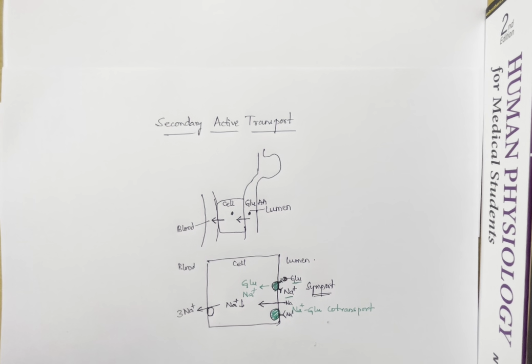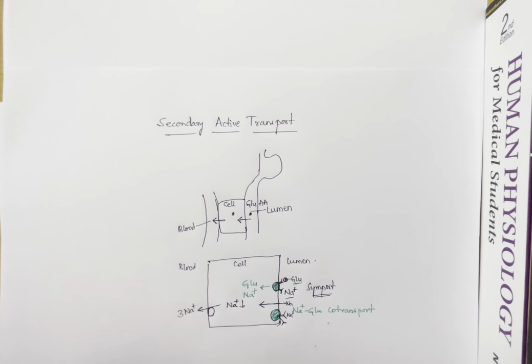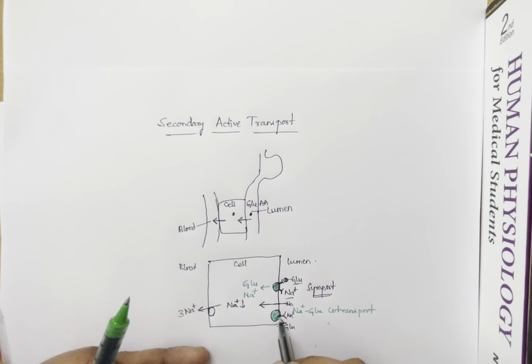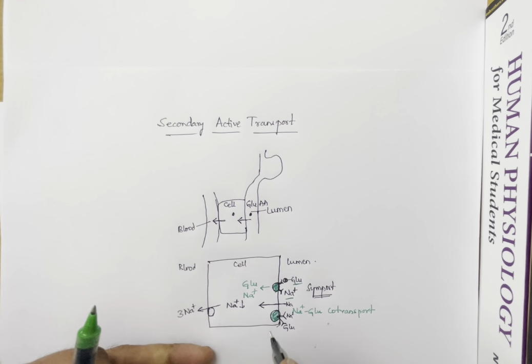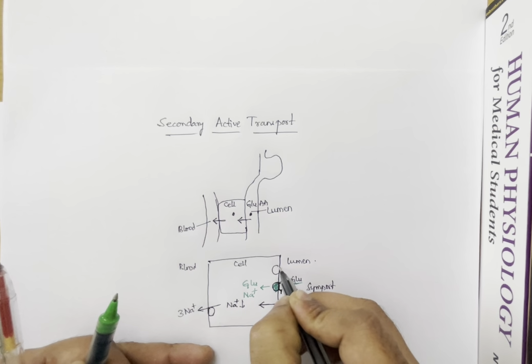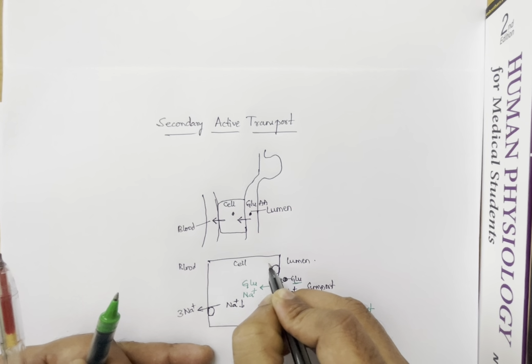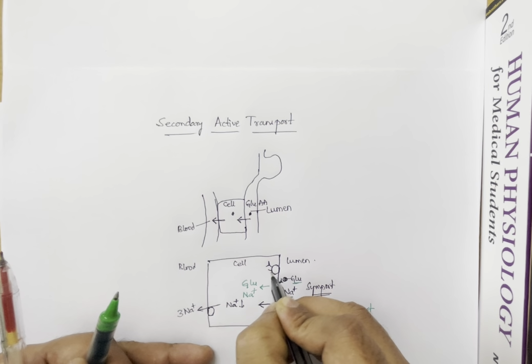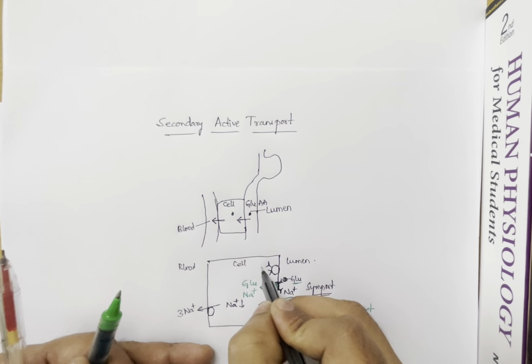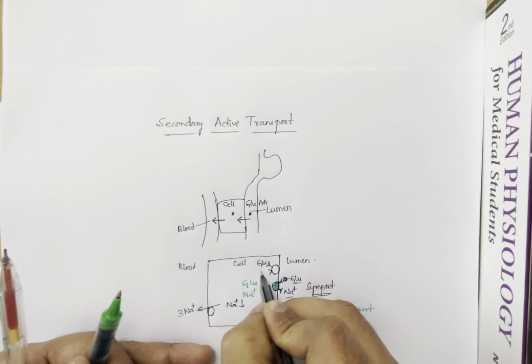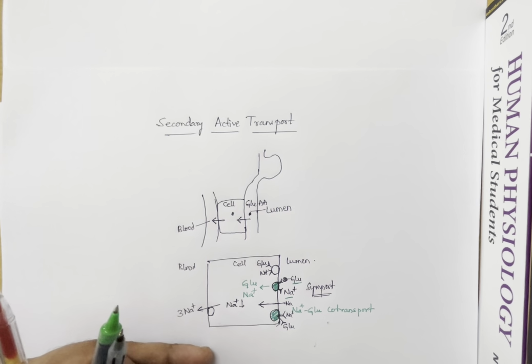When it is bound to both sodium as well as glucose, it functions: the carrier protein undergoes a conformation change, so that the outside portion turns to the inside, bringing the glucose and sodium ions to the interior of the cell.